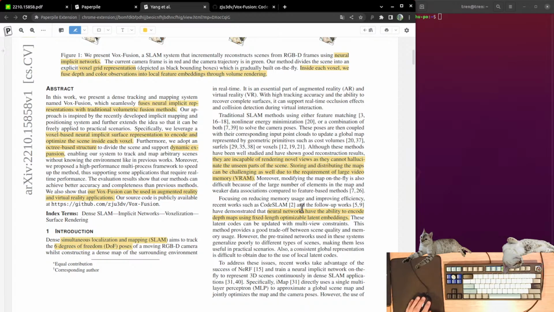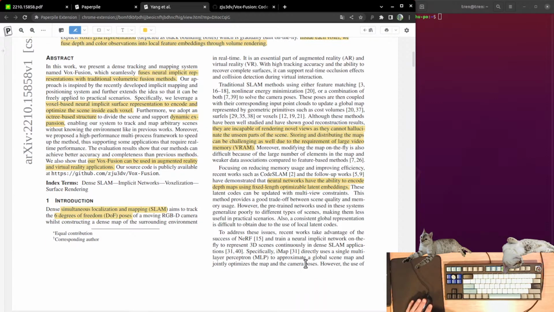And that allows you to, usually a neural network with a very small embedding space will be cheaper from a memory perspective, which allows you to trade off memory usage and scene quality. Okay, however, the pre-trained networks using these systems generalize poorly to different types of scenes. Consistent global representation.